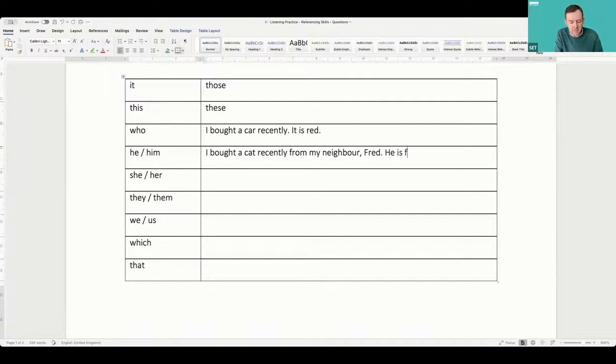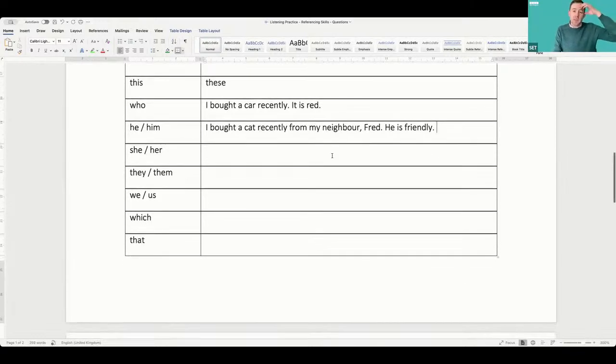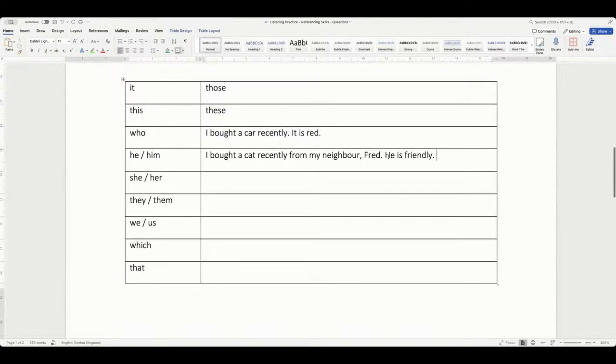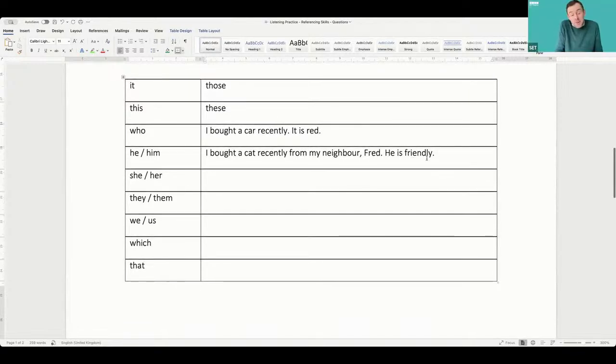He is friendly. Okay. This is where it gets tricky, isn't it? Because who's friendly? A cat. Well, my neighbor, I guess. It could be either. In this situation, you really don't know.